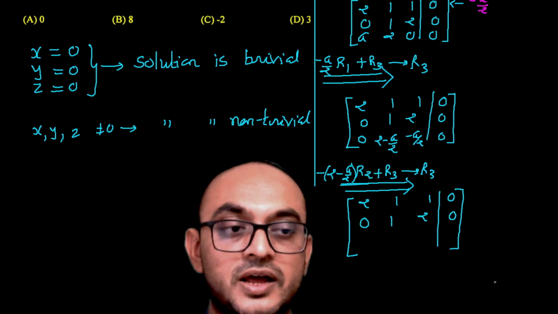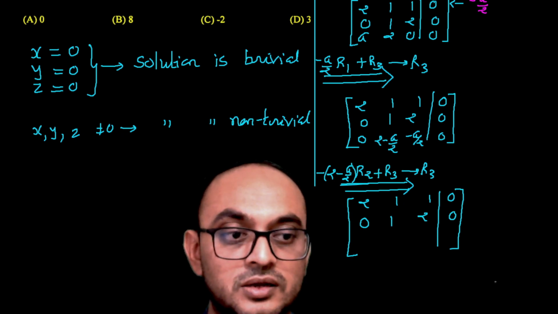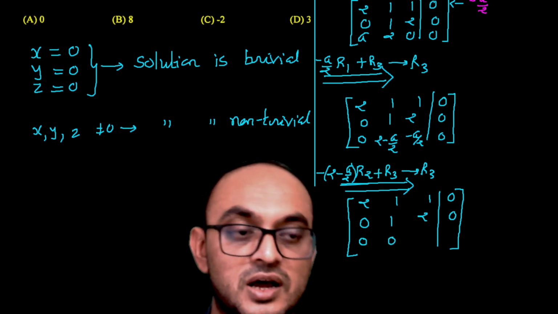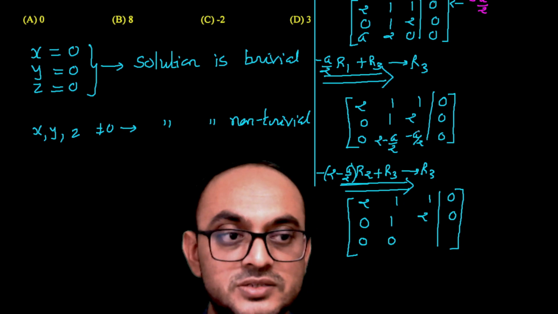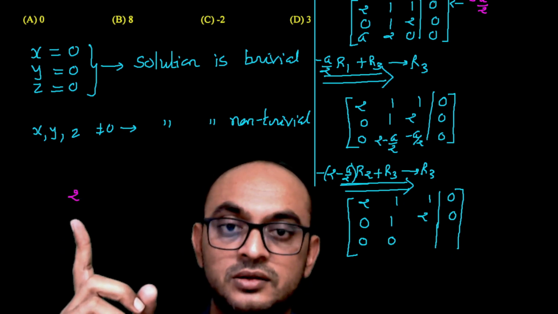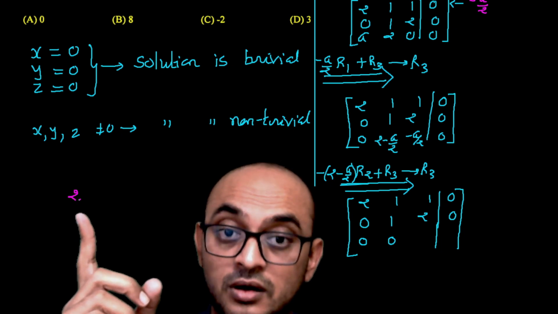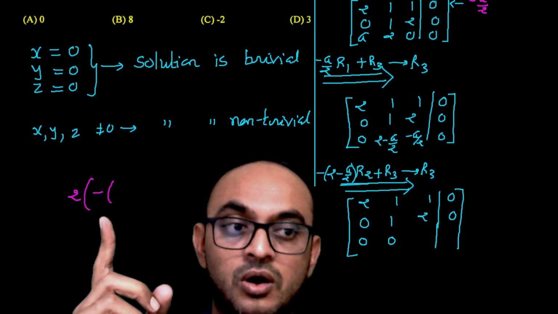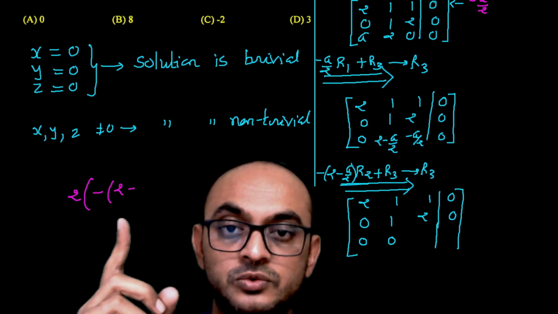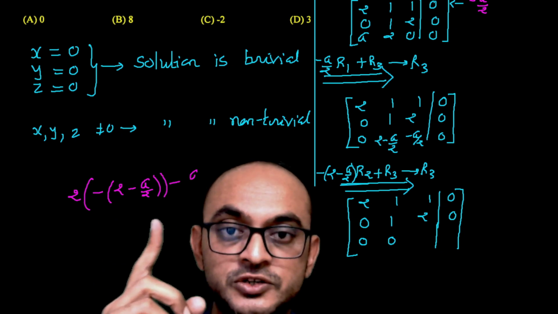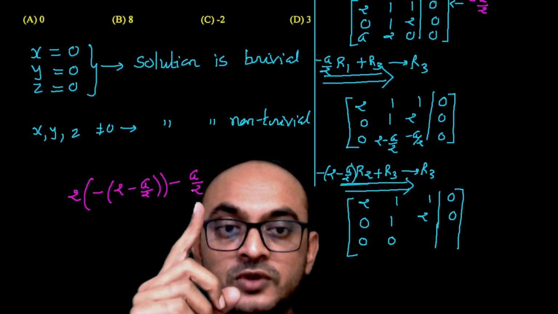When I multiply, then these two elements are 0. Next, now look at here. We multiply the third element of the second row by minus of 2 minus a upon 2 and we are adding it to the third element of the third row.